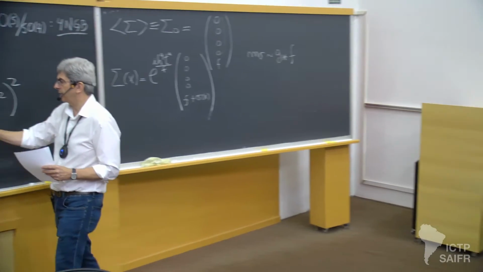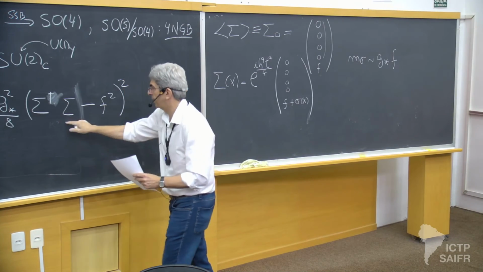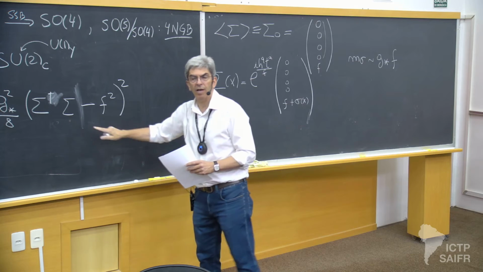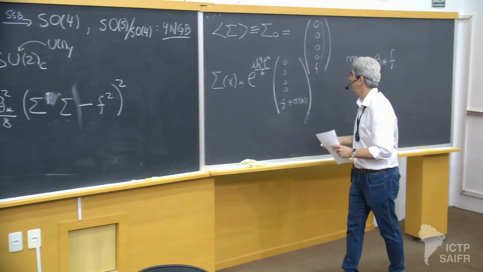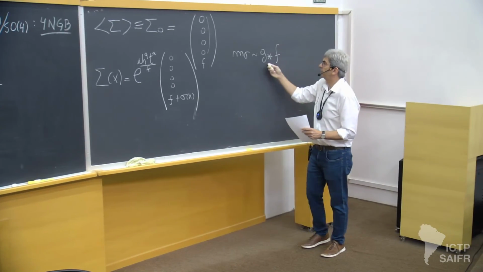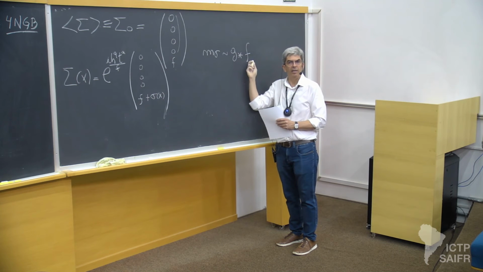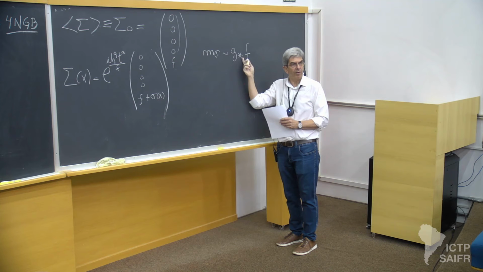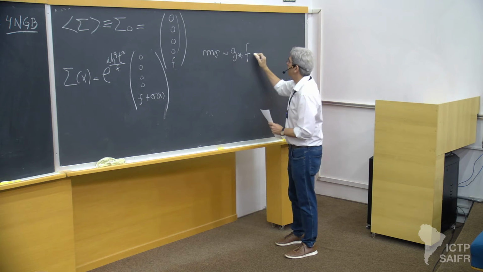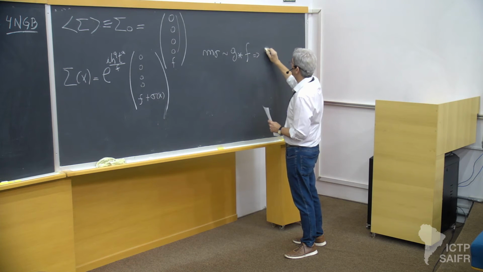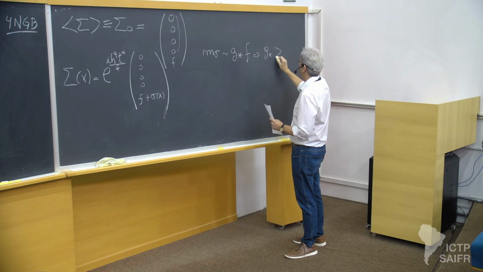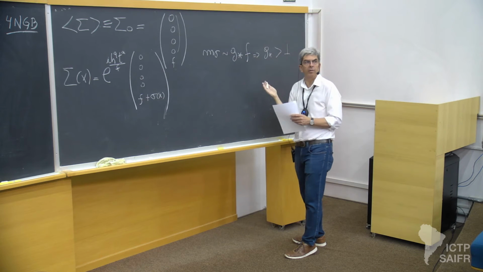The sigma resonance comes from here; it's the only one that appears in the potential. So g_* F, where F is the weak scale. If the resonances are to be heavy compared to the weak scale, then g_* has to be bigger than 1, a strongly coupled sector. So the resonances are strongly coupled.